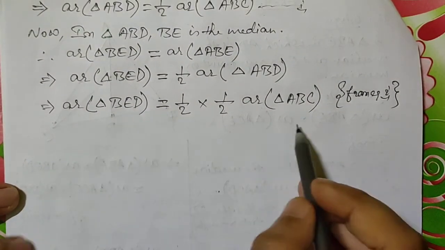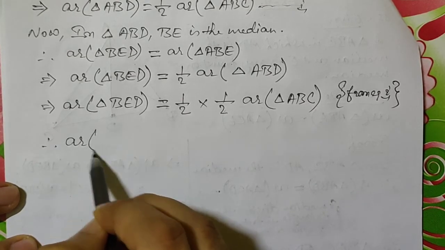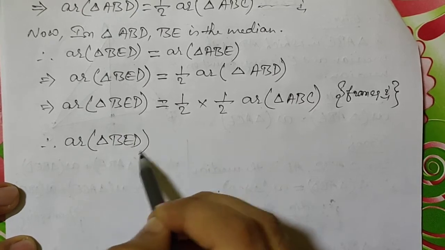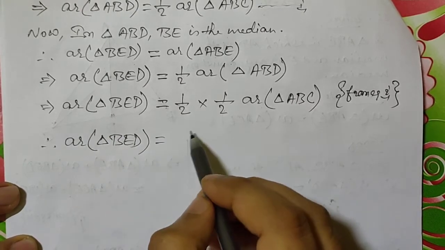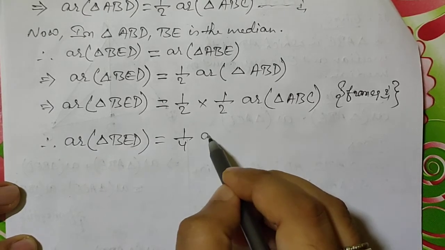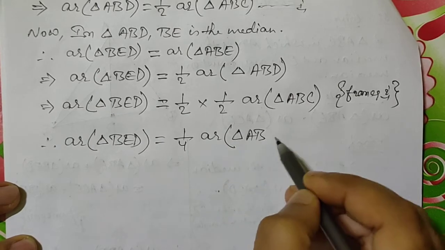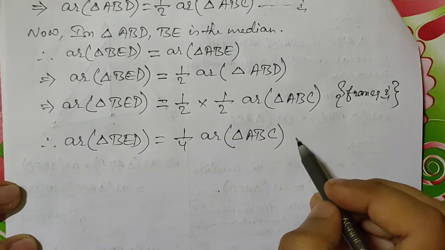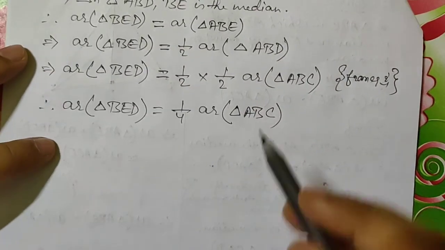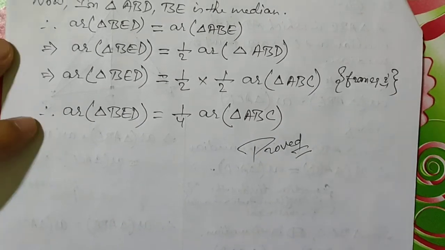So now we have got our result: area of triangle BED is equal to 1 by 2 into 1 by 2, that is 1 by 4, area of triangle ABC. This is the result we needed to prove, and we have proved it, so we can write it over here and easily move on to another problem.